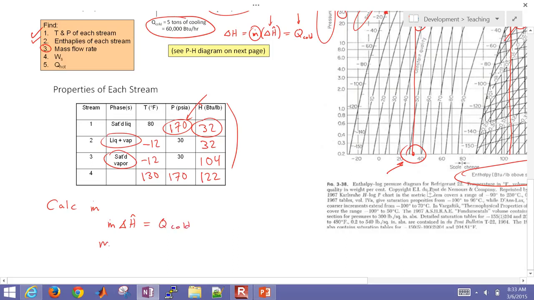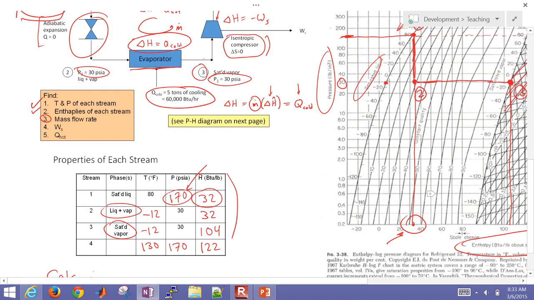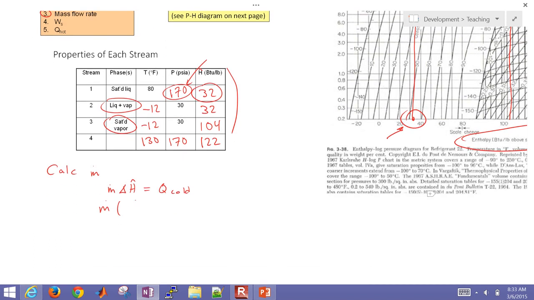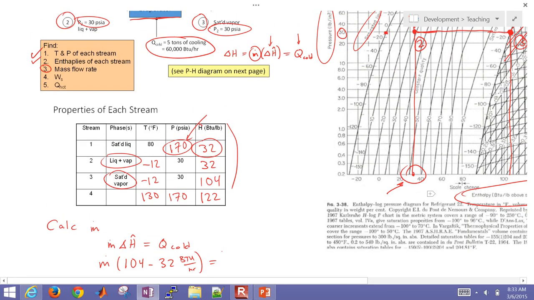Okay, so m dot times, now we got to look at the difference between 3 and 2. So that's going to be 104 minus 32, and that's BTUs per hour. Okay, equals, and then we had 60,000 BTUs per hour.